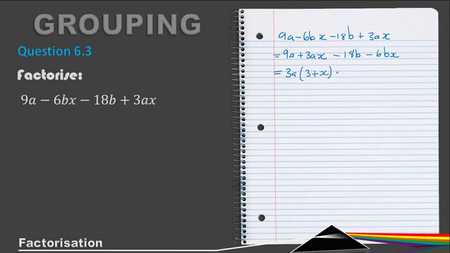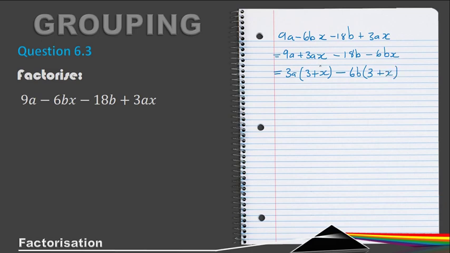And here we can take out a negative, and then we can take out a 6, and we can take out b. So if I take out minus 6b, I'm left with a 3, and then taking out a negative, it becomes a positive. 6 is gone, b is gone, so only x remains.